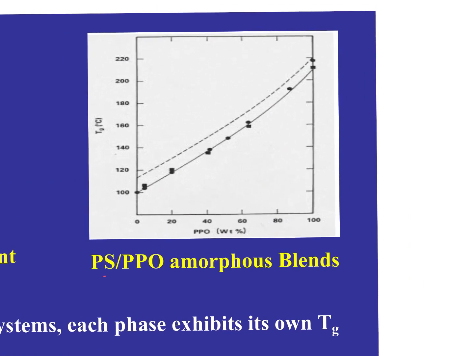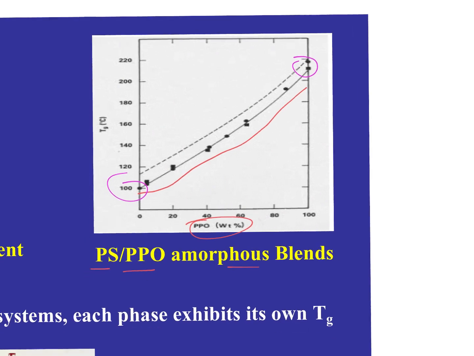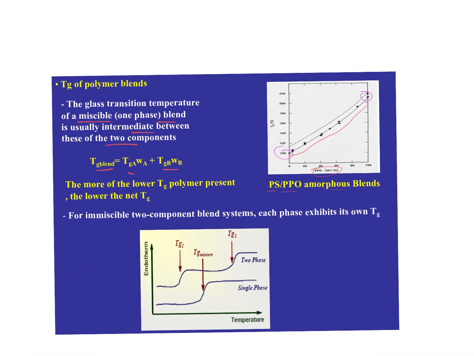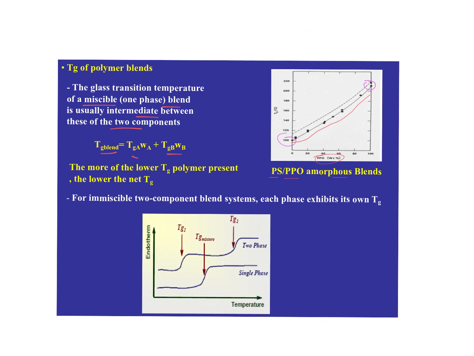One example is a polystyrene polyphenylene oxide amorphous blend, and you just change the amount of the PPO, the polyphenylene oxide, and as that amount goes up, it goes from the glass transition for polystyrene to the glass transition for polyphenylene oxide. All right, so not a big deal. This is what you're used to seeing. All right, and so a lot of materials people are trying to get outside of this, one way or the other, not follow rule of mixtures. But this is what you'd expect for those types of amorphous blends. Okay, that seems pretty obvious, hopefully.